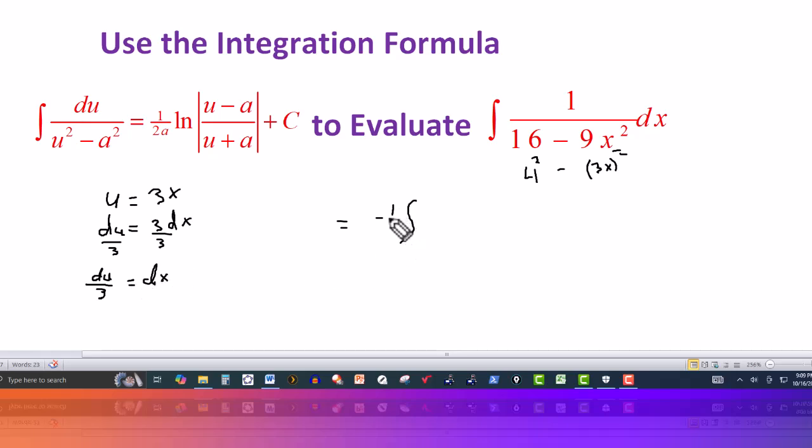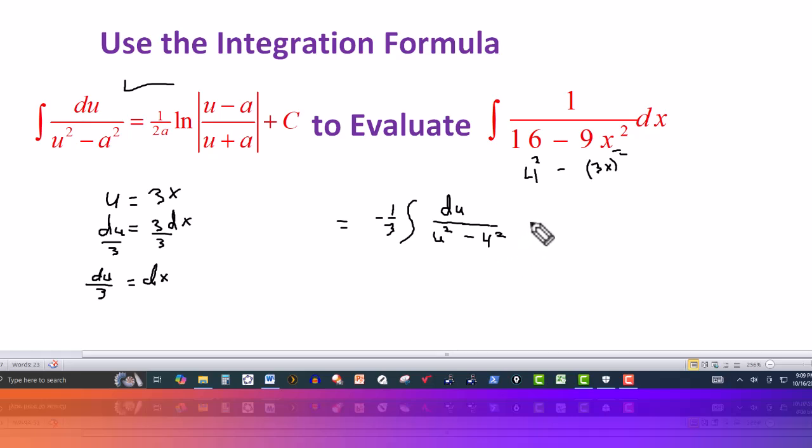So I'm going to factor the 1/3 out in front, and then I've got du. And because I factored out a negative from the denominator, this changes signs here. So this would be u squared, this is u here, 3x is u, minus 4 squared over here. This is 16. Now it's in this form: u squared minus a squared, where 4 squared is a squared.